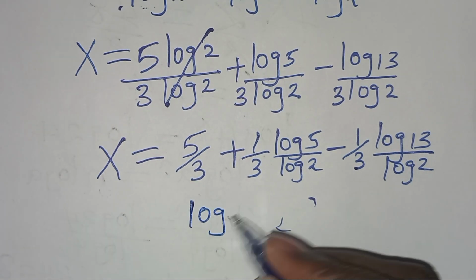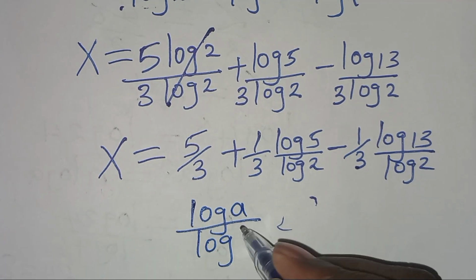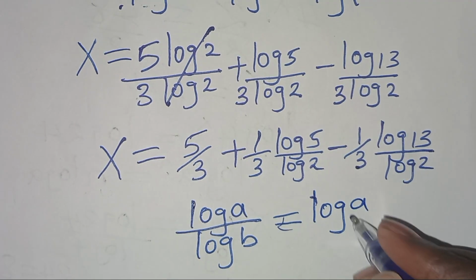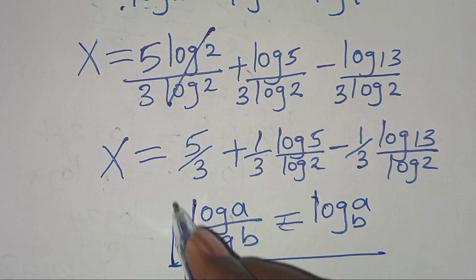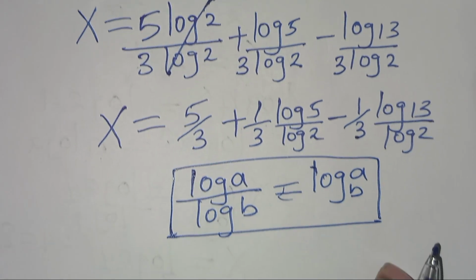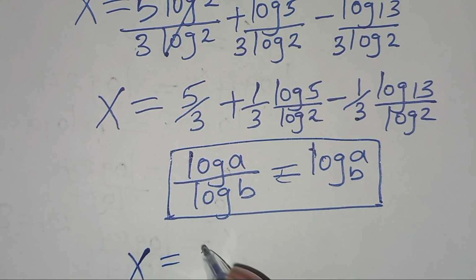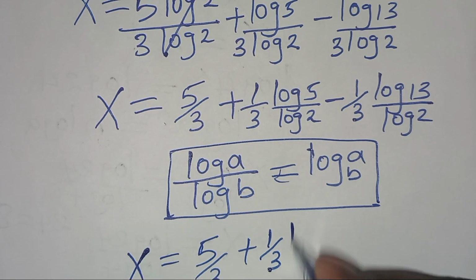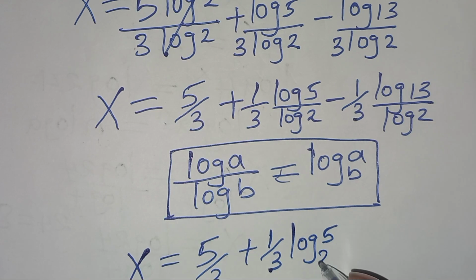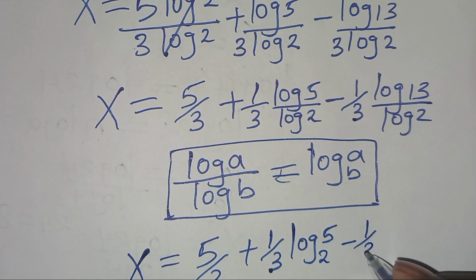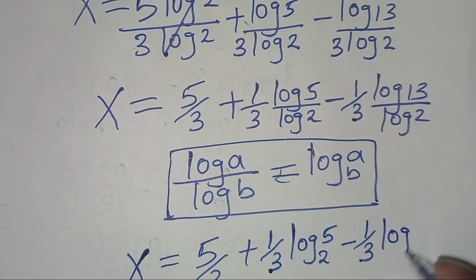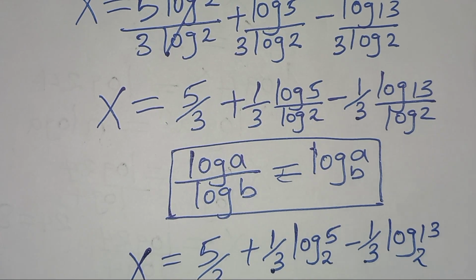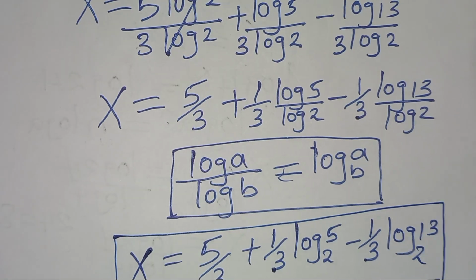This is in the form of log A divided by log B, which we can express as log A to base B. Applying this property, x here is equal to 5 over 3 plus 1 over 3 log 5 to base 2, then subtract 1 over 3 log 13 to base 2. This is the value of x.